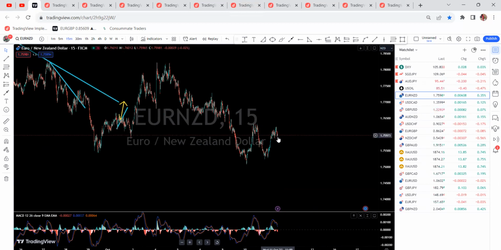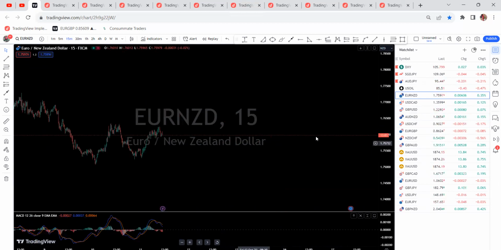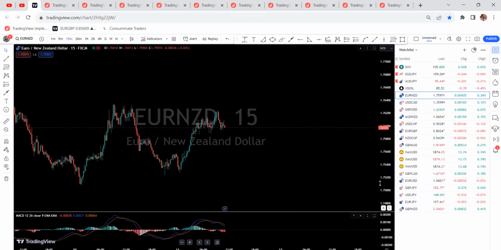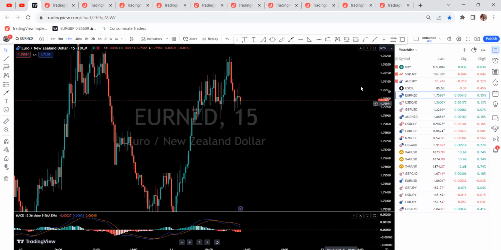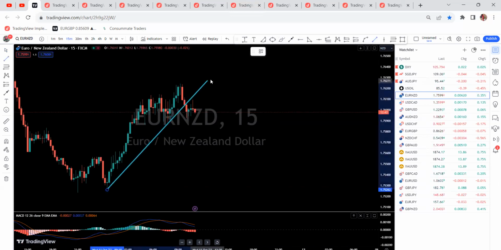I might be expecting it to push up, but the structure I'm seeing here is tempting me to sell. So obviously, I may be expecting another pull down.